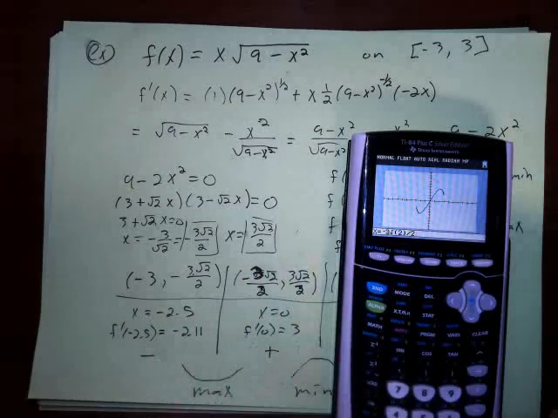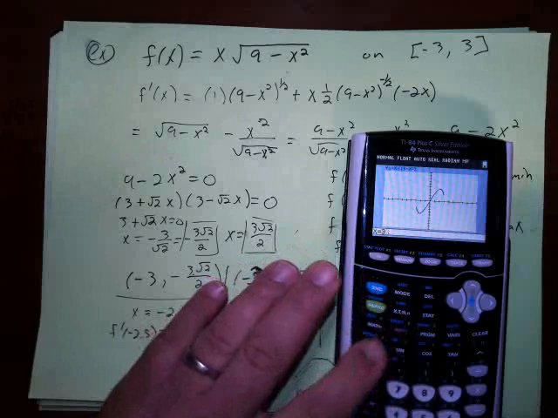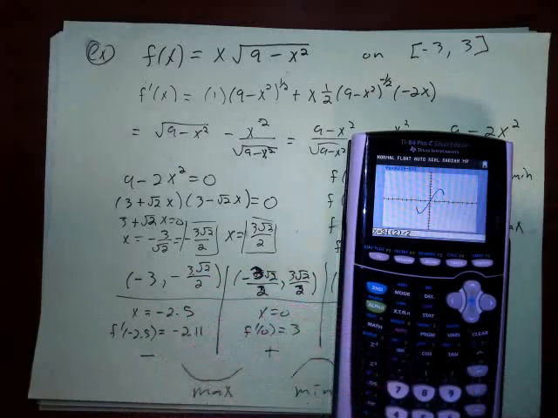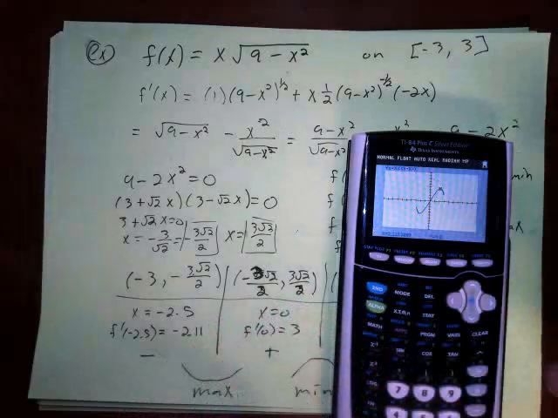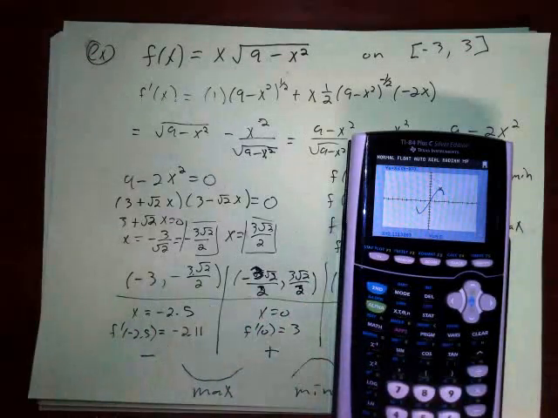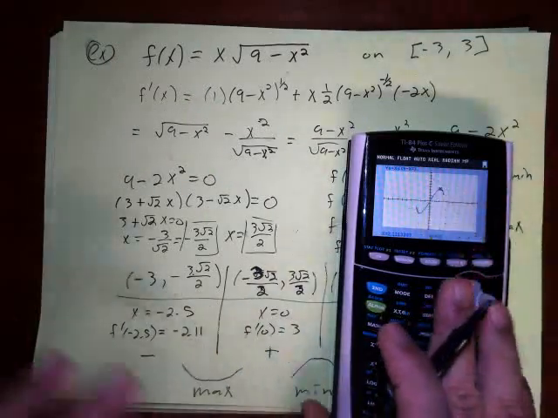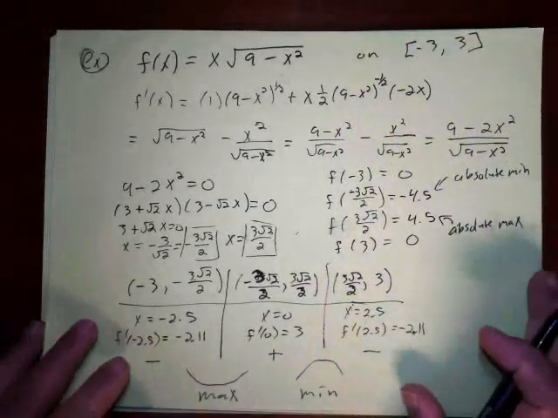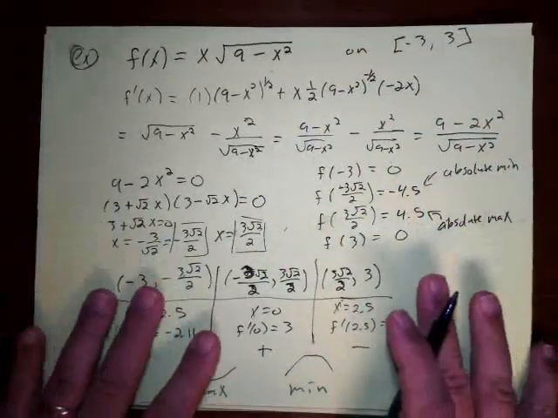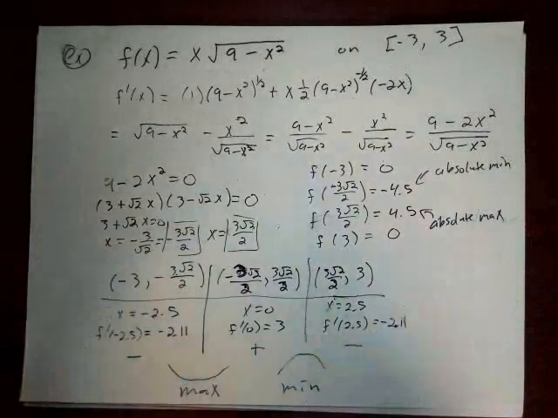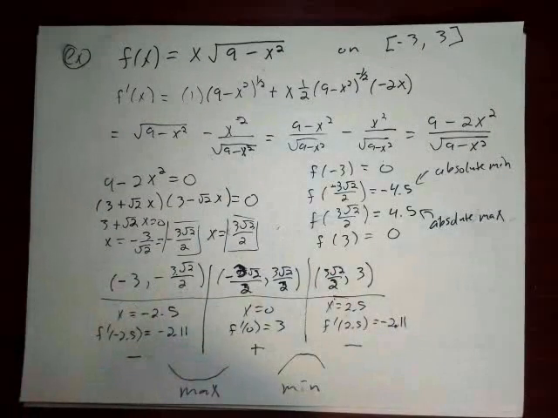Let's see if that's the relative min. And it is. And then the other one should be the relative max, 3 square root of 2 over 2. And there's the relative max, which also happened to be the absolute min and max over the interval. So that's an interesting looking function. And notice we were able to tell all of that using the calculus, using the first derivative test and everything. So calculus is a very useful tool.